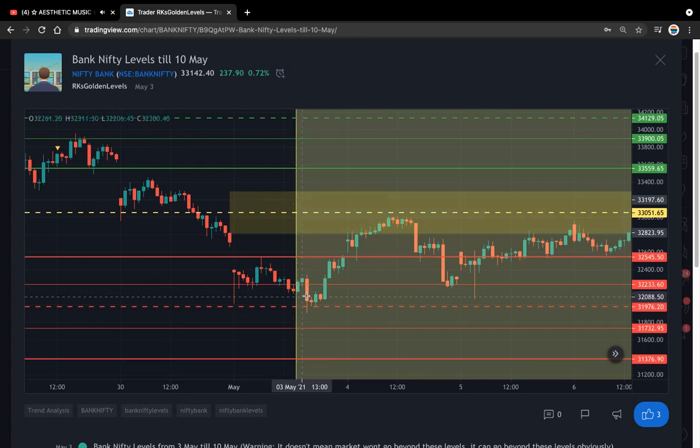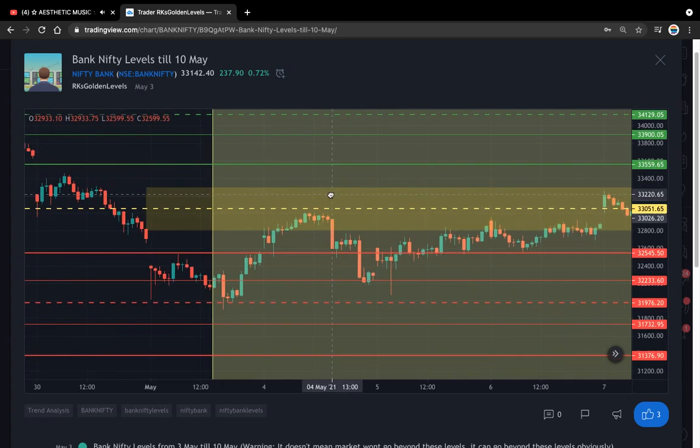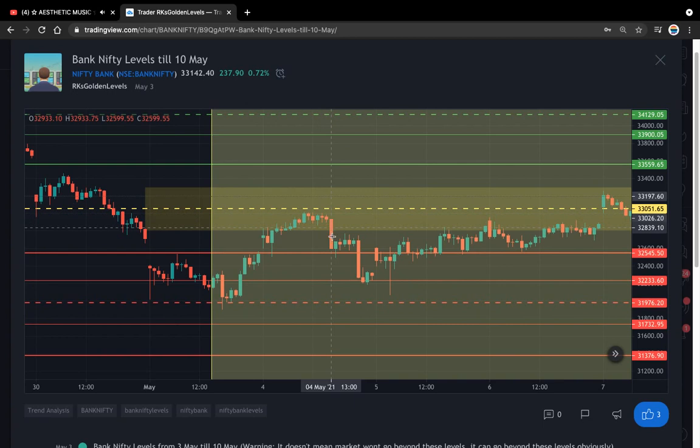On the next candle itself, Bank Nifty worked exactly on these levels and took a resistance around our levels. As you can see, once it crossed, it went to the next level. Reversal happened.